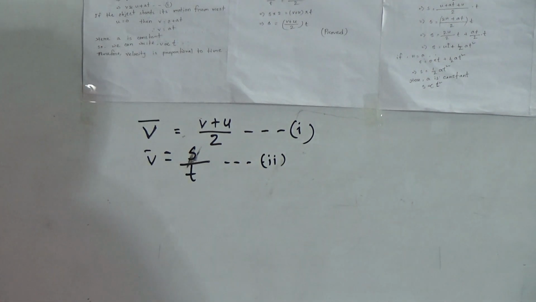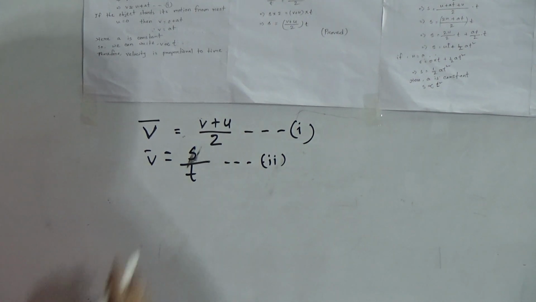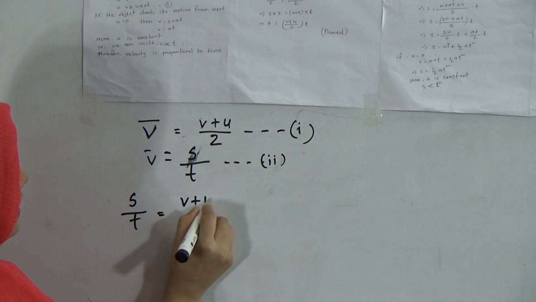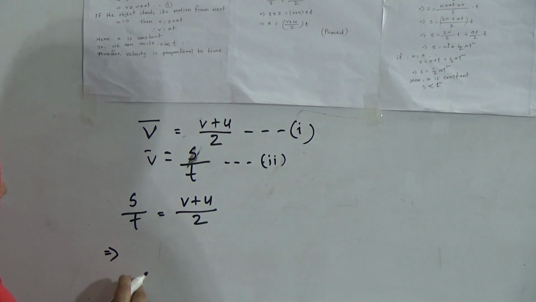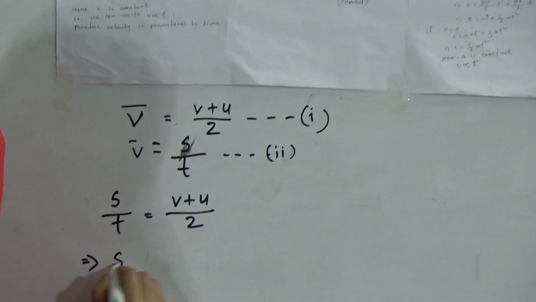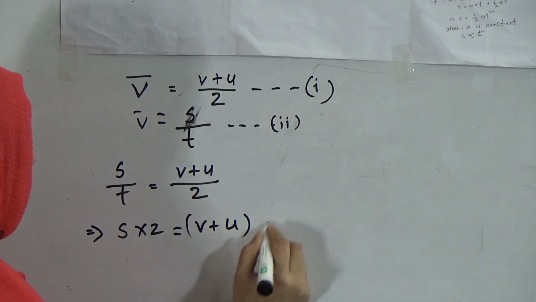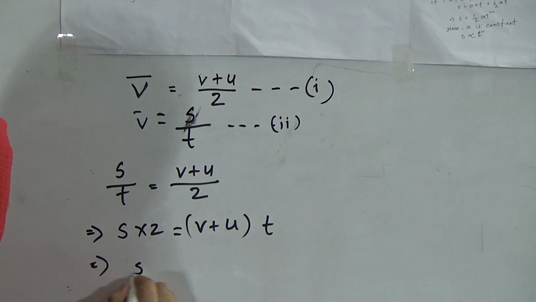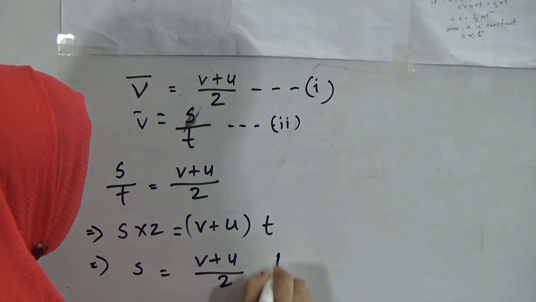My dear students, now from equation number 1 and 2, we can write s divided by t equals (v plus u) divided by 2. From this we can do cross multiplication. s into 2 equals (v plus u) into t, and from this line we can write s equals (v plus u) divided by 2 into t.